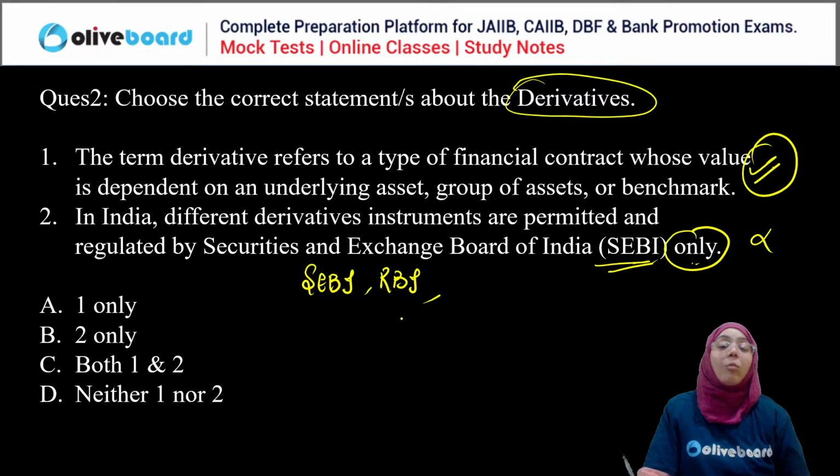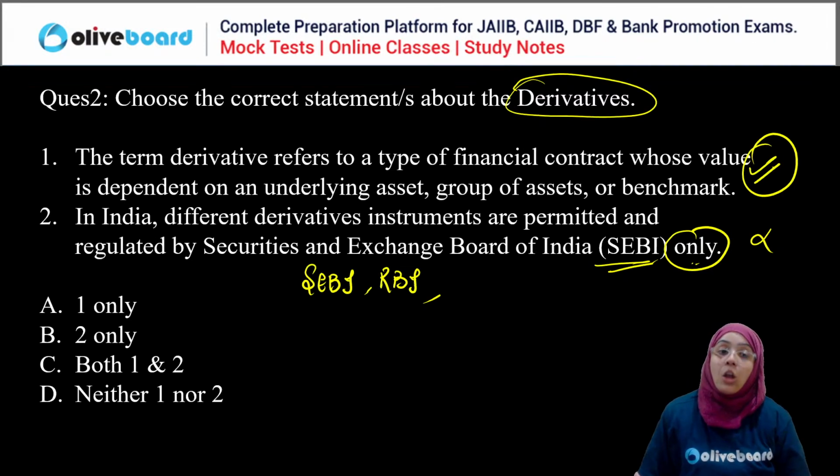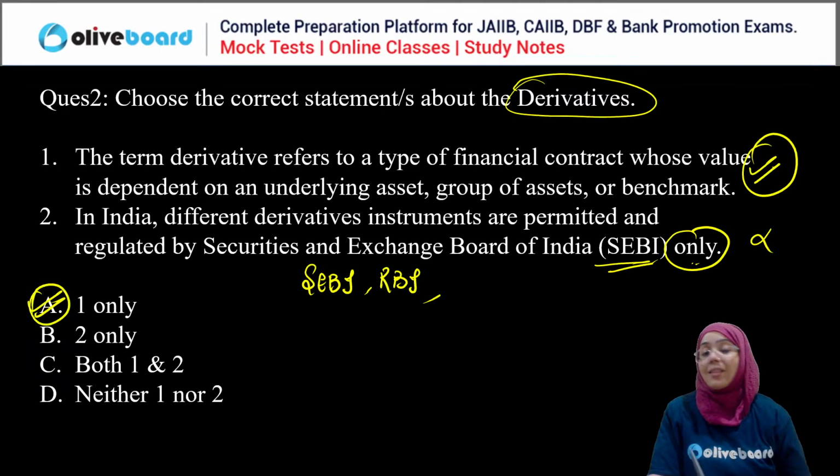RBI is also responsible for regulating derivatives. There is a self regulatory organization for the derivative sector, which is also managing the derivative instruments in the market. So yes, second is the wrong statement and first only is the correct statement.